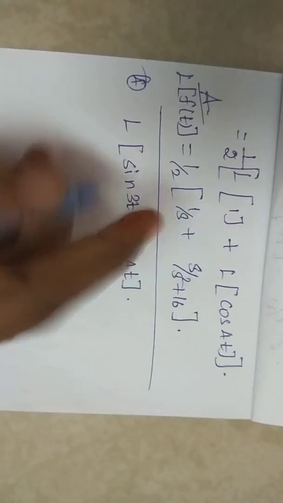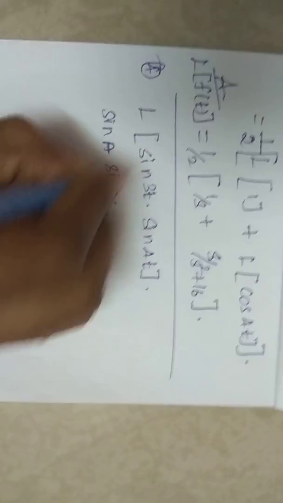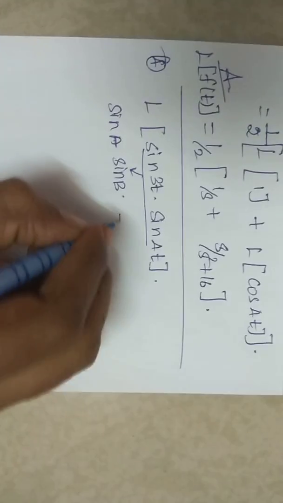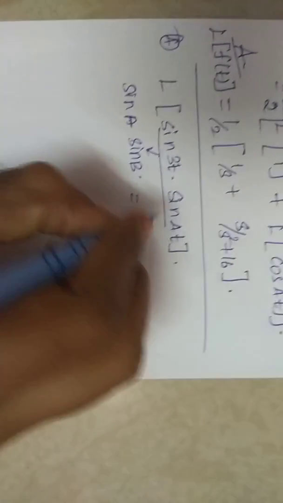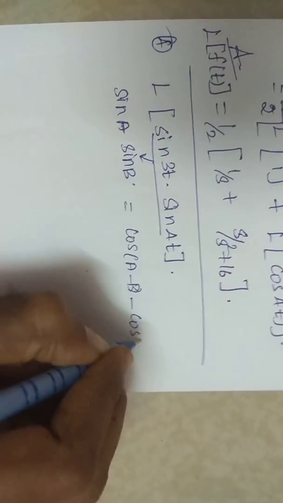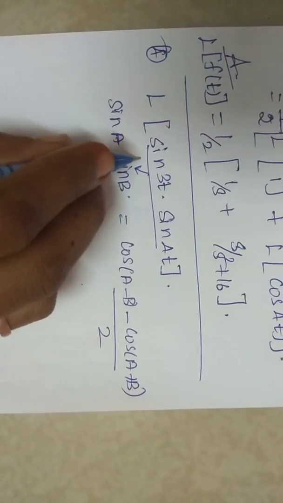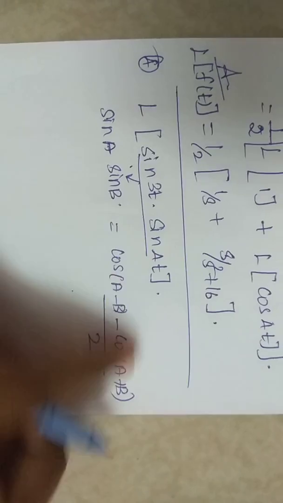But this is of the form sin A sin B. What is the formula for sin A sin B? Here we can write that as (cos(A minus B) minus cos(A plus B)) divided by 2. By using this formula, we can split into two terms.